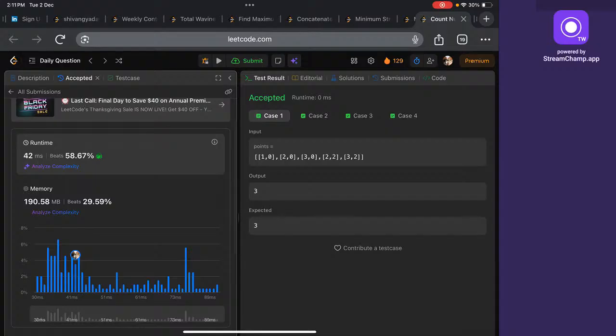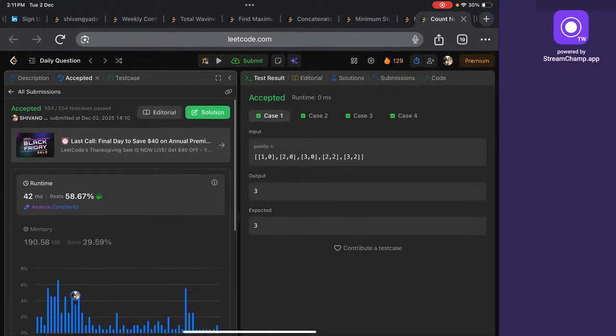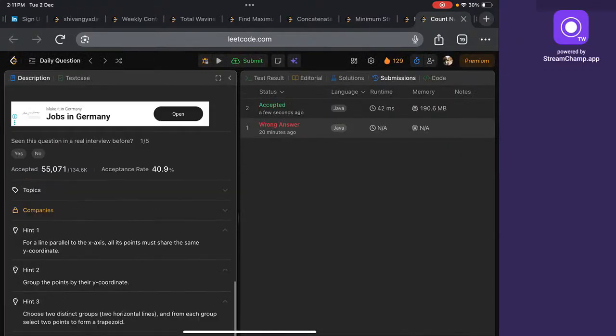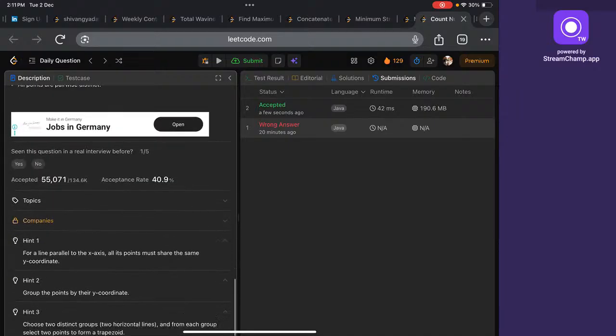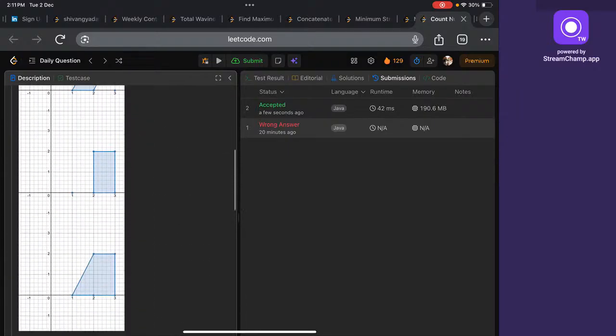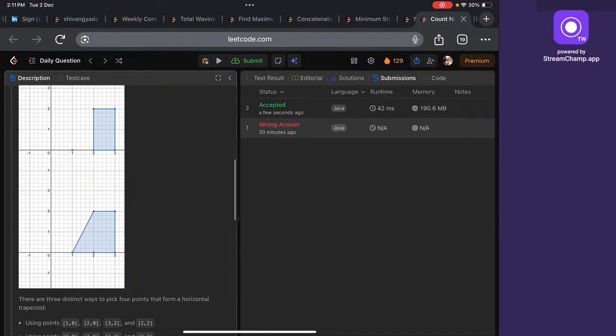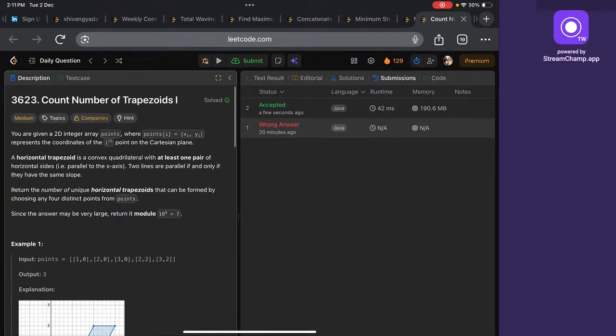Time complexity is, what is the time complexity? N plus m. Yep. Okay, we need to make sure that all the sides are parallel. If one side is parallel, another side should also be parallel. Now at least one pair of horizontal sides have the same slope.